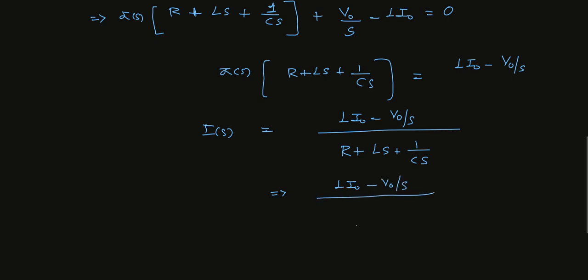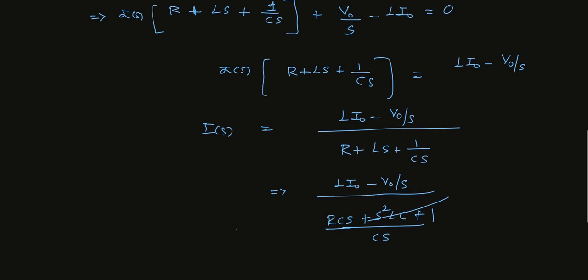Take Cs common here, so I am taking Cs as a common, and it will multiply with these two terms. That means RCs plus S square into LC plus 1.